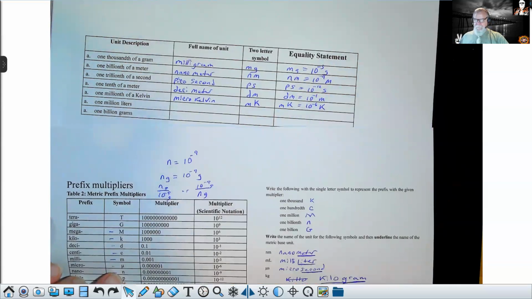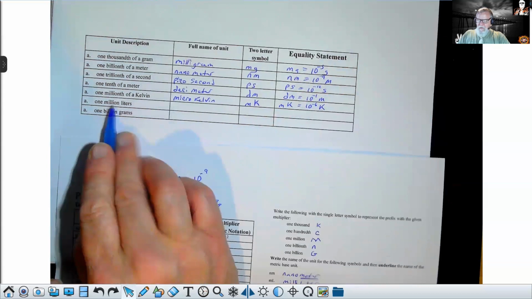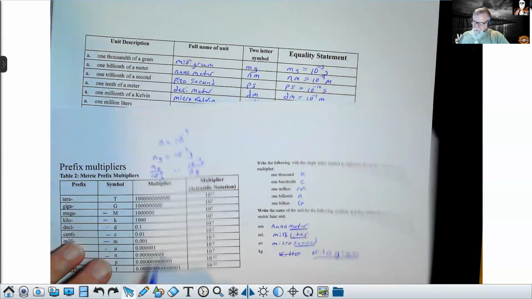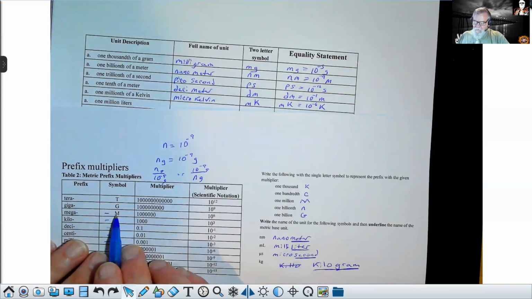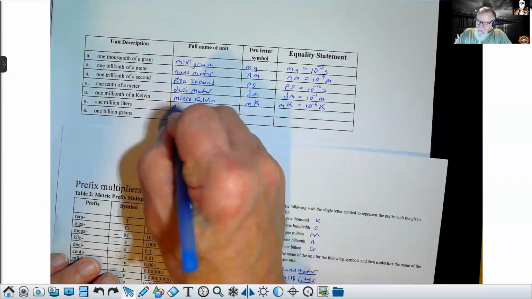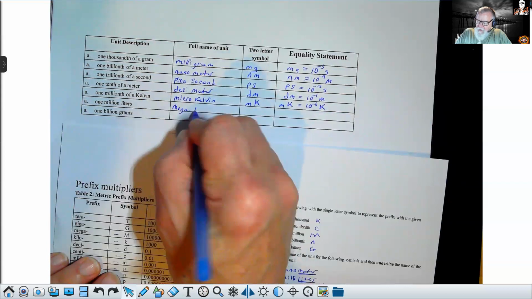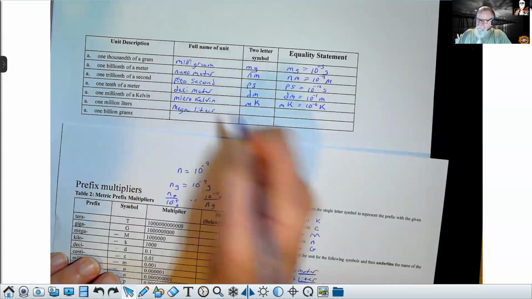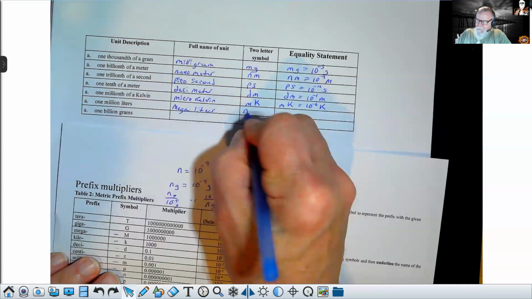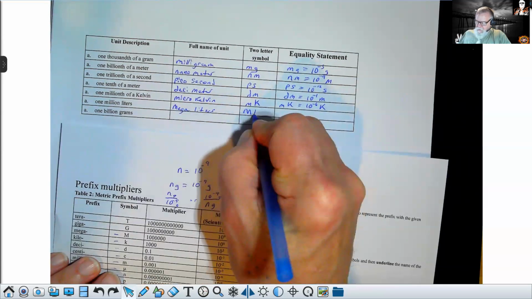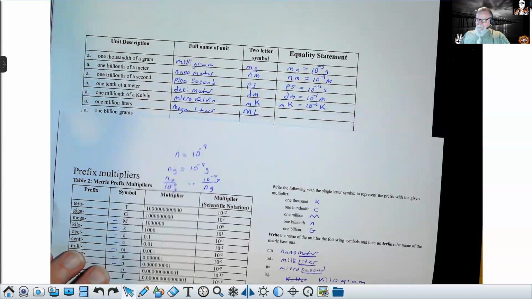All right. 1 million liters. 1 million is 10 to the 6. So that's going to be mega, right? So mega and liters. There we go. So this is going to be a capital M and then a capital L. Okay.